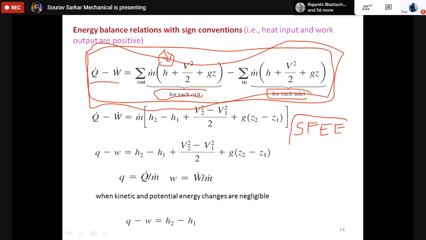What is SFEE? Steady flow energy equation. Excellent. So it is basically called the steady flow energy equation. It is valid for only steady flow. So now the question is, sir, why are you calling it steady? You have rate.